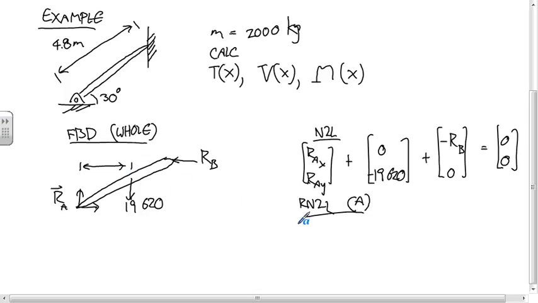And so you get a total moment there of negative 40,779.4. There's no moment produced by RA, and then there's a moment produced by RB of positive 2.4 RB.